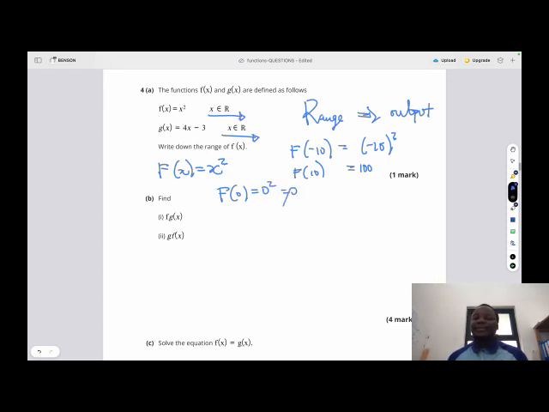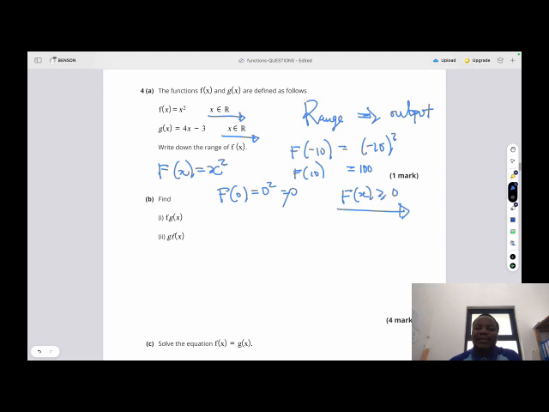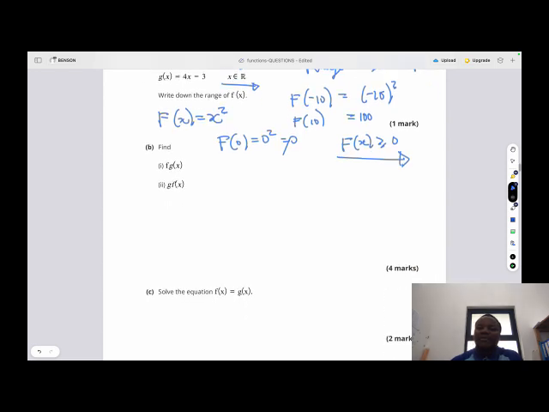So the range of this function is simply f of x greater or equal to 0, because it will all be positive. So it's important that we pay attention to the effect of certain powers, because some powers will restrict and change negatives into positives.